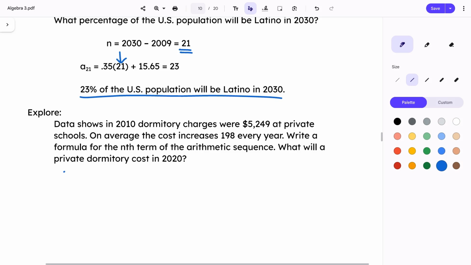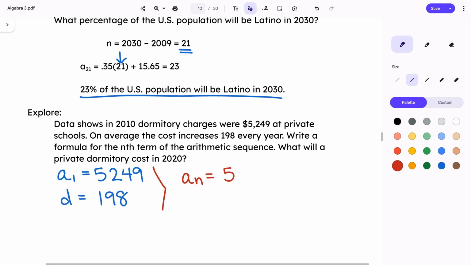So what's my first term? What's the difference? Good, 198. So let's plug this in. So it'd be 5,249 plus 198 times n minus 1.